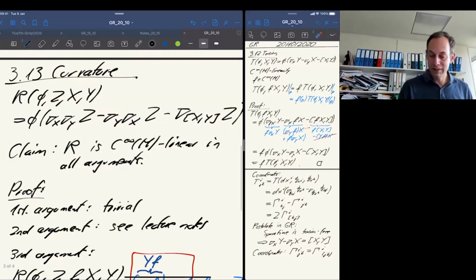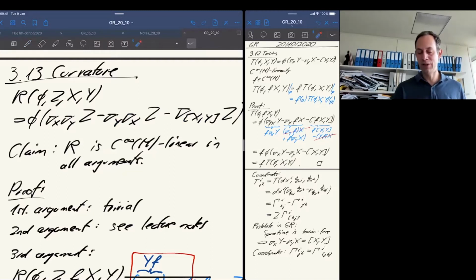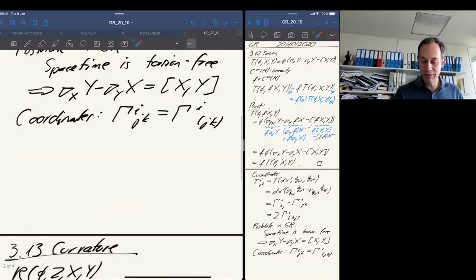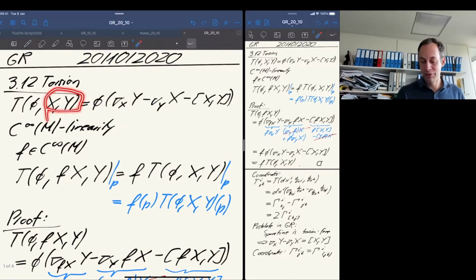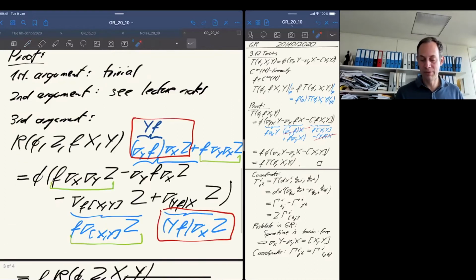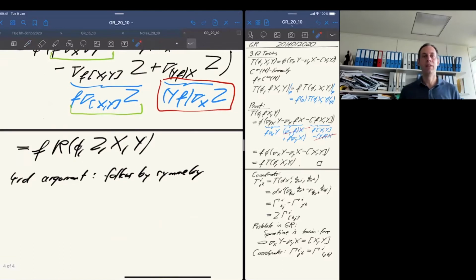By the way, the reason why I called the second argument z, the third x and the fourth y has to do with the symmetry between x and y, which is the same symmetry that we have already when you look at the torsion. So it's easier to remember if you use these labelings. But that's just a convention, so you shouldn't search for a deeper meaning of this convention.